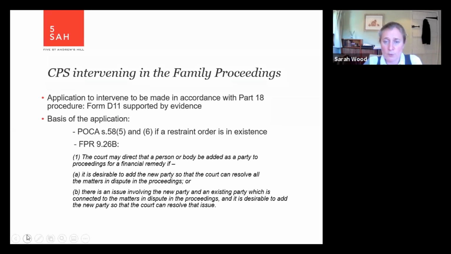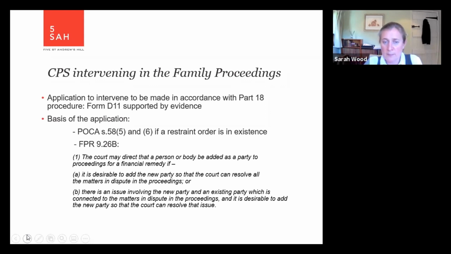The most important one to have in mind is Section 58 of POCA, which states that if a restraint order is in existence, then before any order is made within the family proceedings, the Crown Prosecution Service must be given the opportunity to be heard before either the proceedings continue or they're stayed.